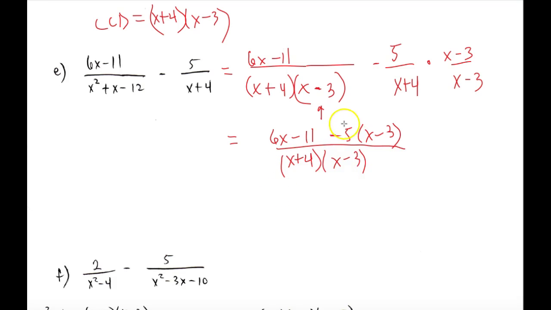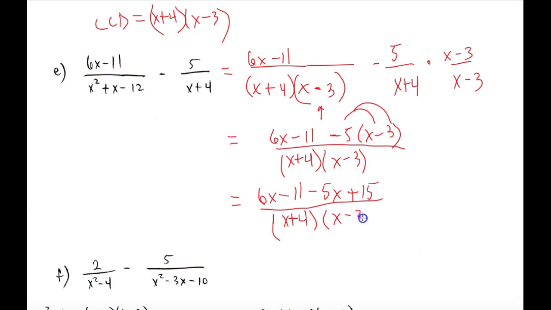Okay, and then here if we distribute, then we end up getting 6x minus 11 minus 5x plus 15, all that divided by x plus 4 times x minus 3.